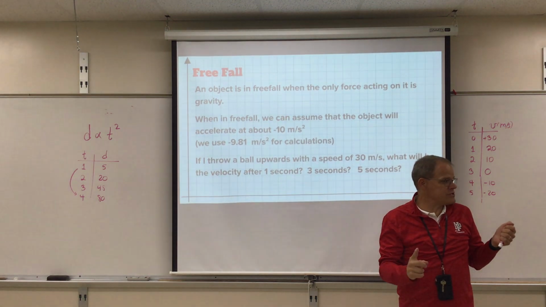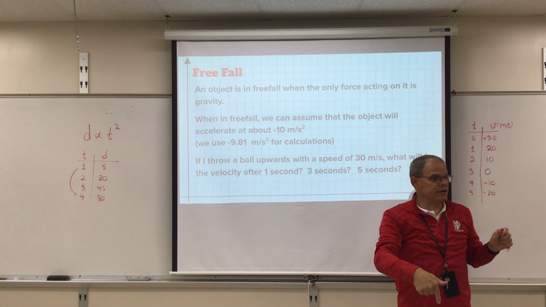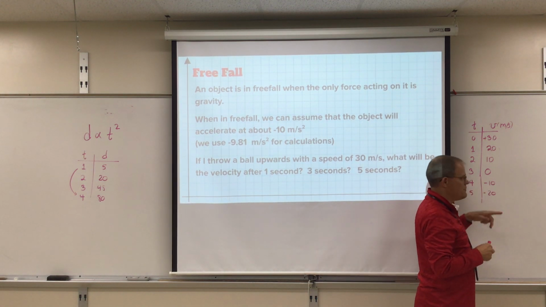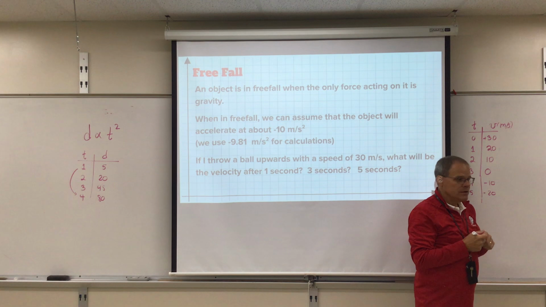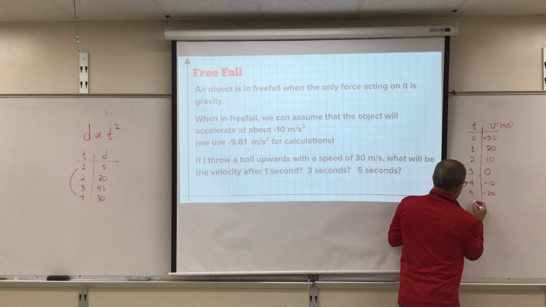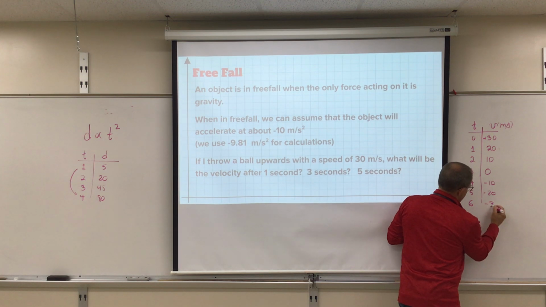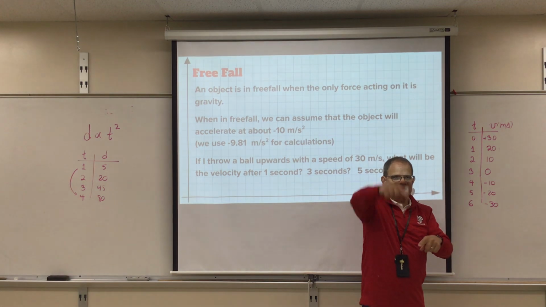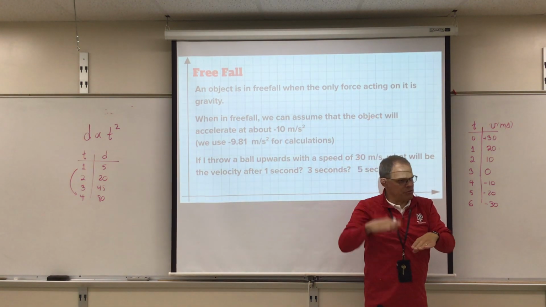It slows it down if it's moving up. It speeds it up if you're moving down. But your velocity always decreases 10 meters per second every second that goes by. Okay? So, how long is this thing in the air, do you think? It takes 3 seconds to get to its highest point, and then another 3 to come back down.